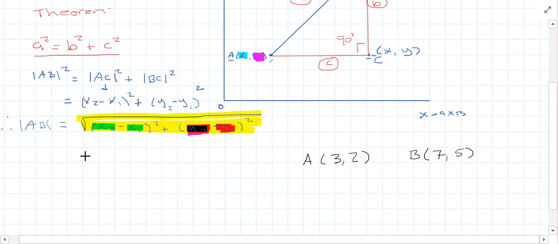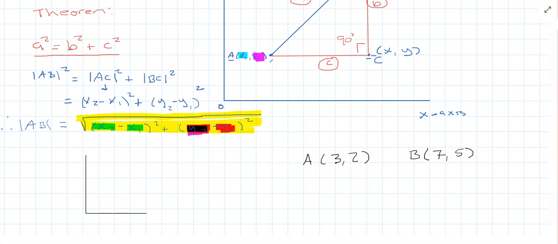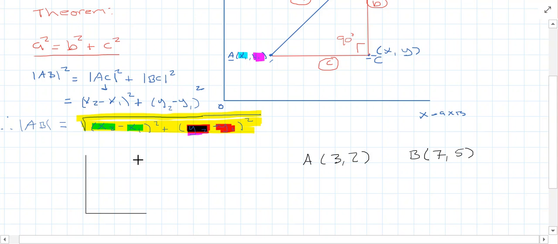I'm just going to do this very roughly. So we have our 2 points, and then we have our line going through it. We have point A at the end here and point B here.